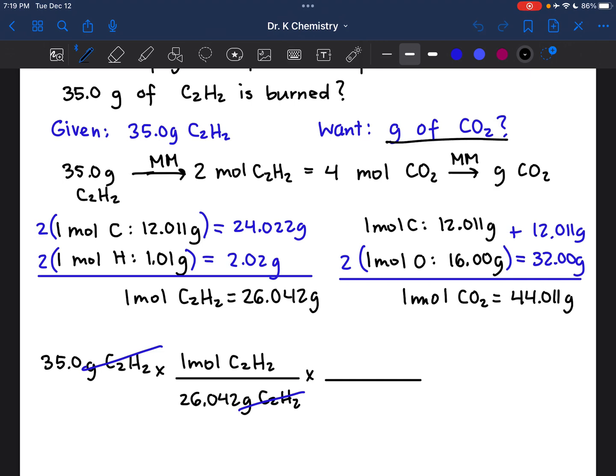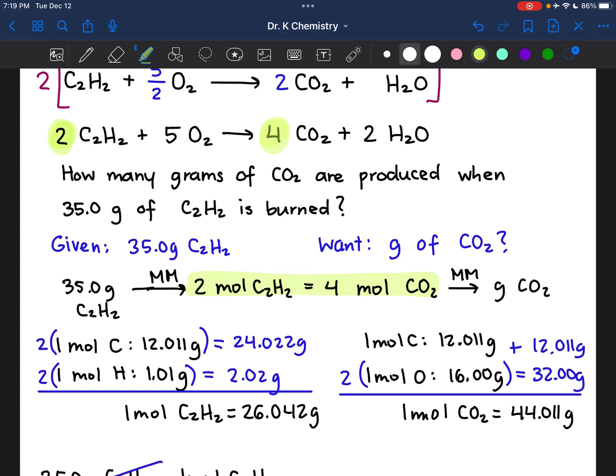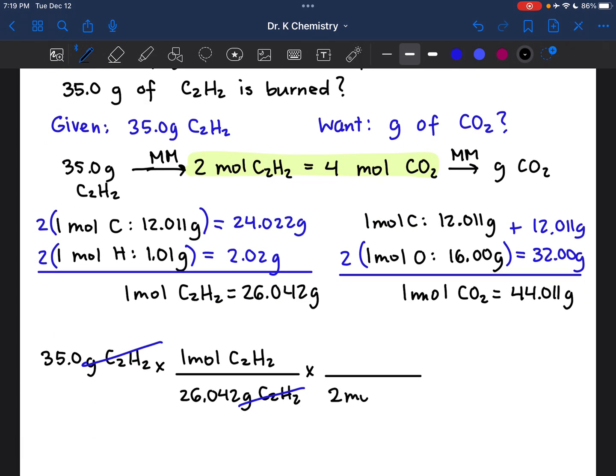Now I'm not interested in C2H2, I'm interested in grams of carbon dioxide. So I need to put the moles of C2H2 in the denominator to get those to cancel, and I'm going to use the molar relationship that we established from the coefficients in the chemical equation. Well, for every 2 moles of C2H2, we are producing 4 moles of carbon dioxide.